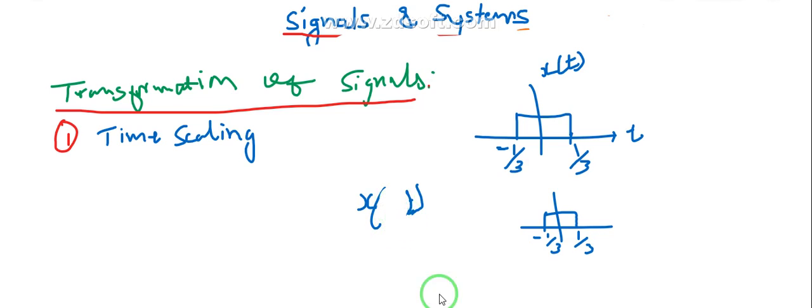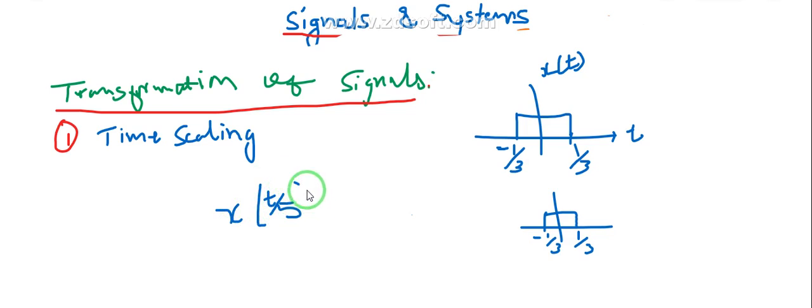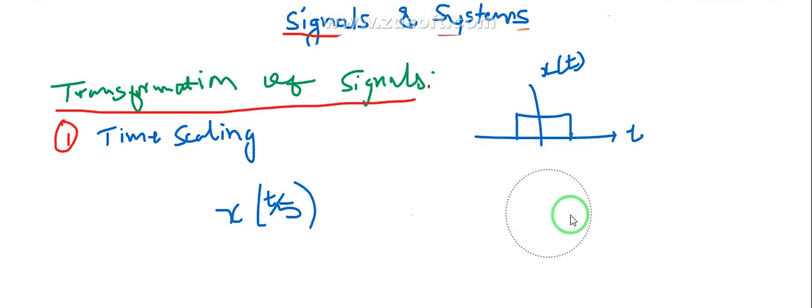In contrast, if you write x of t divided by 5, you are expanding the signal. Earlier the width was from minus 1 to plus 1.